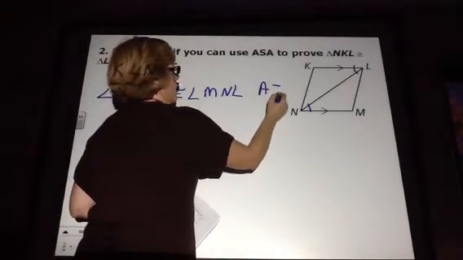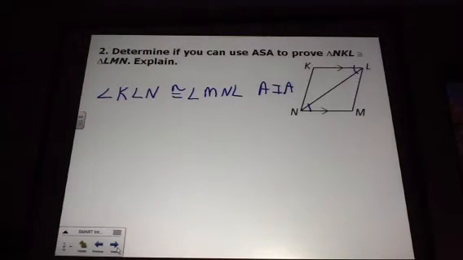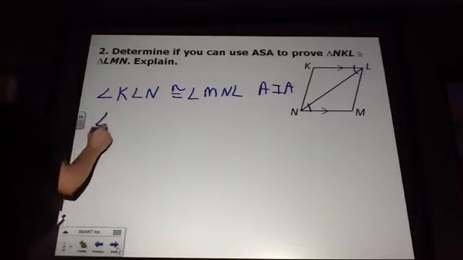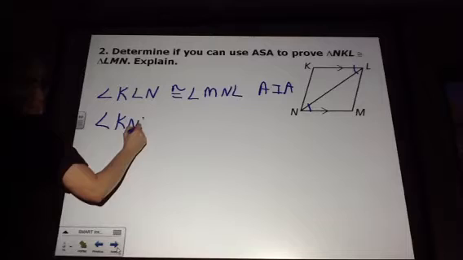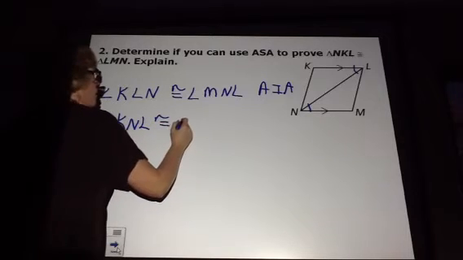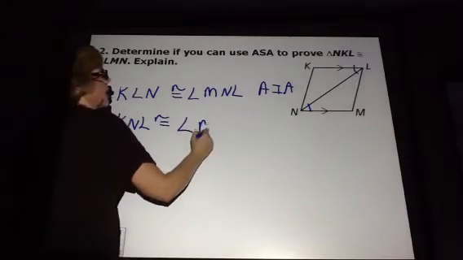Because they're alternate interior angles. Okay, we also know that angle KNL is congruent to angle MLN.